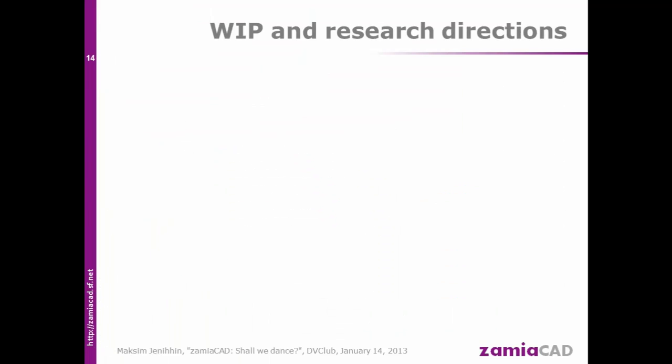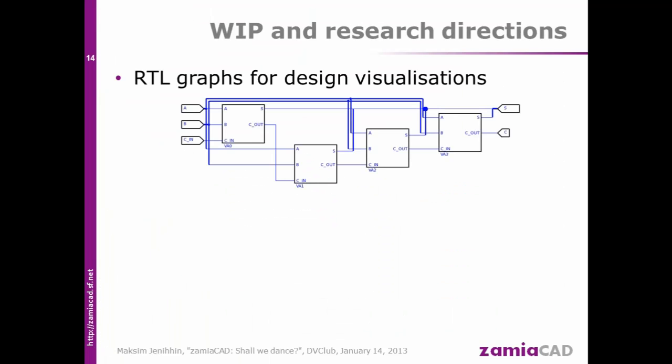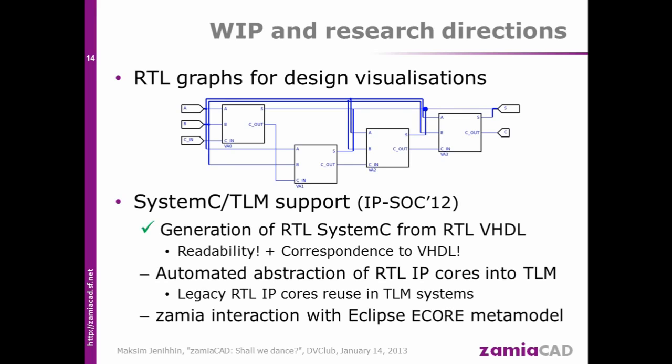Okay, so some other research directions. We are thinking about visualizations of designs by means of RTL graphs. Then we have contributors who want to integrate SystemC and TLM into Zamia, and we have a paper on this topic as well.